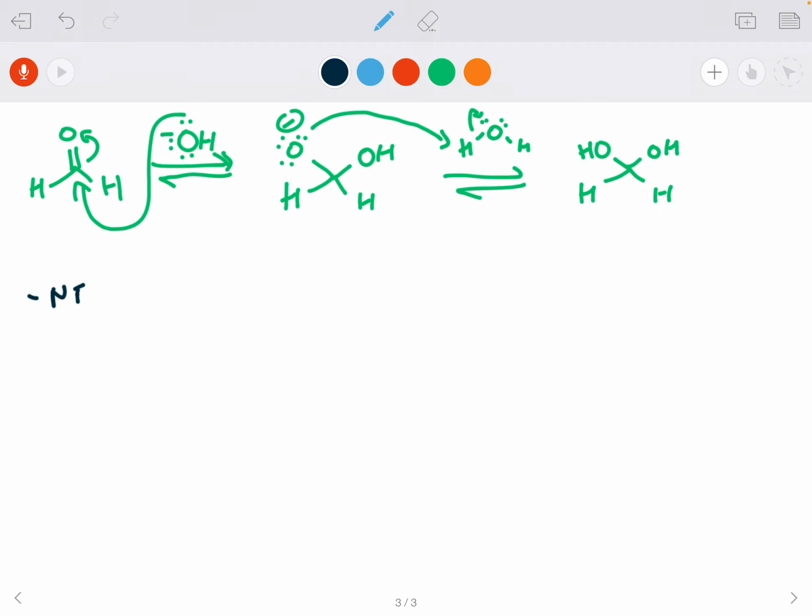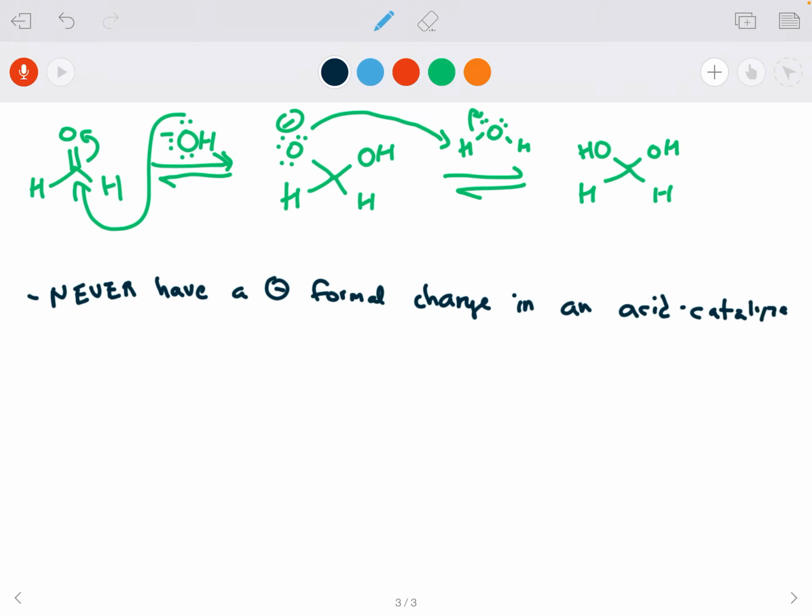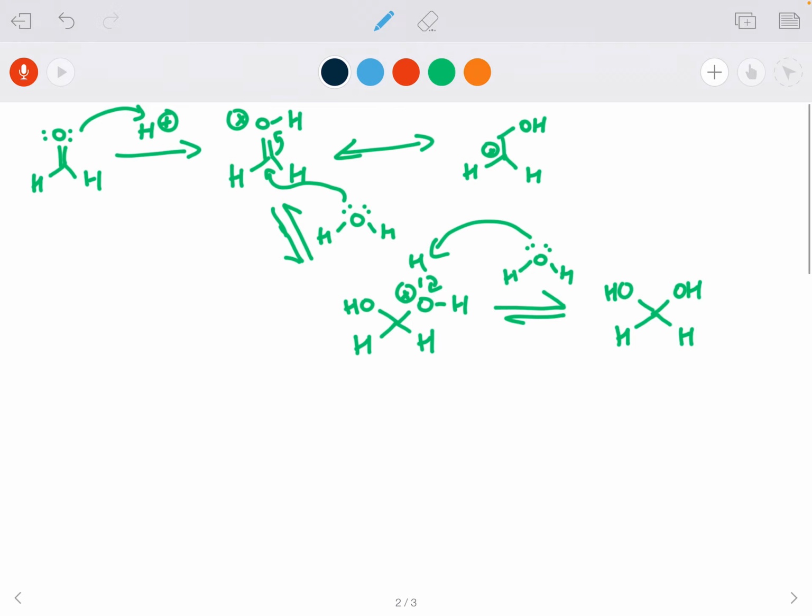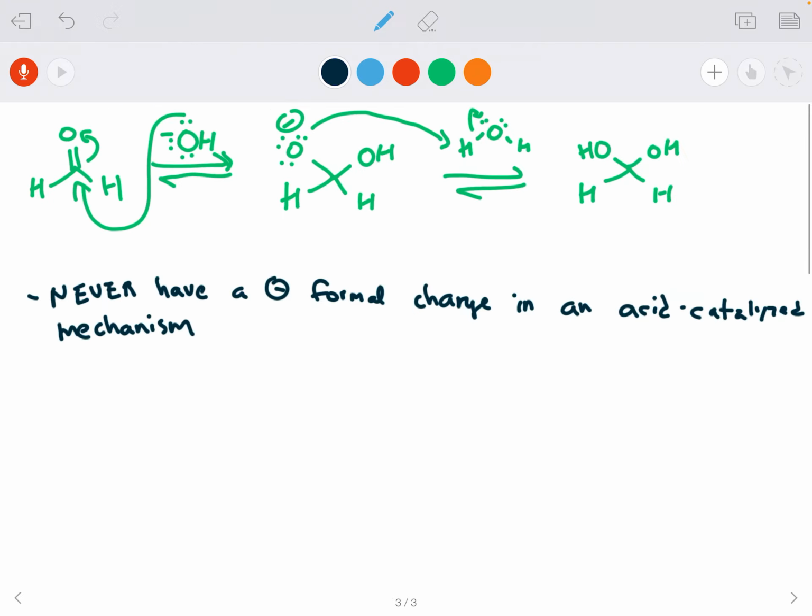Now, a couple of important notes from the acid-catalyzed and the base-catalyzed. You should never have a negative formal charge in an acid-catalyzed mechanism. In our acid-catalyzed mechanism, it was all positive formal charges. We never had a negative.